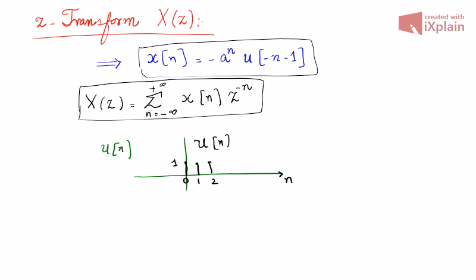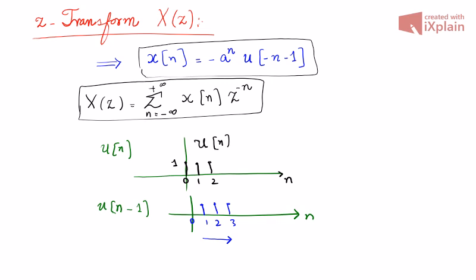Now if we have u of n minus 1, it is just a delayed version of the unit step sequence by 1 unit. So if I draw it here, I would draw my u of n minus 1 starting at 1, 2, 3. So it is delayed, or dragged towards the right, by 1 unit.